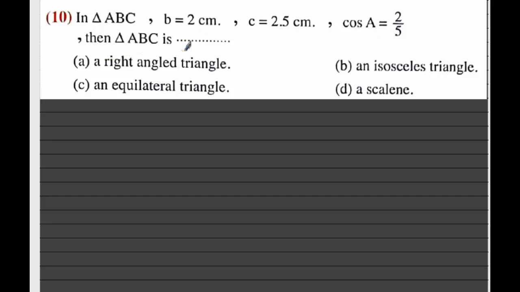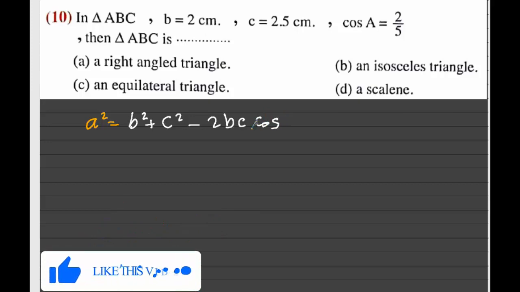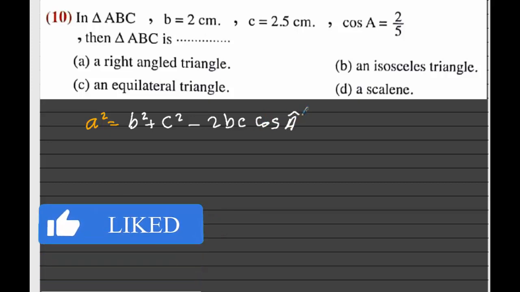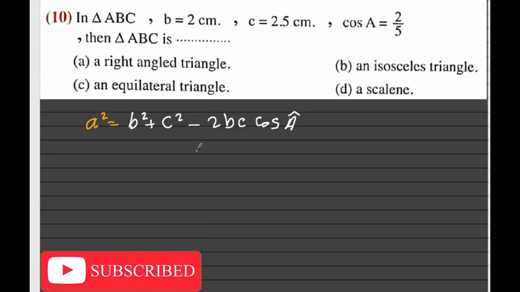Then triangle ABC is a right angled triangle or an isosceles triangle, equilateral or scalene. So first we will calculate the third side, A square, starting from A square. A square equals B square plus C square minus 2BC cosine angle A. It is given equals 2 over 5.